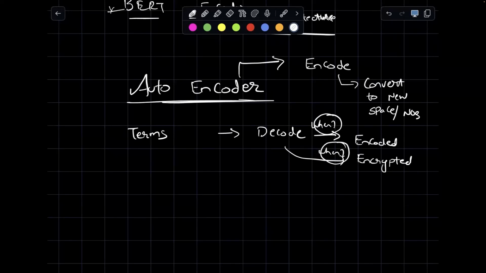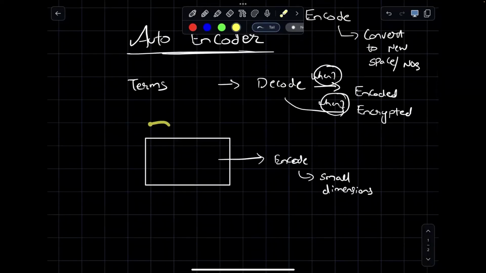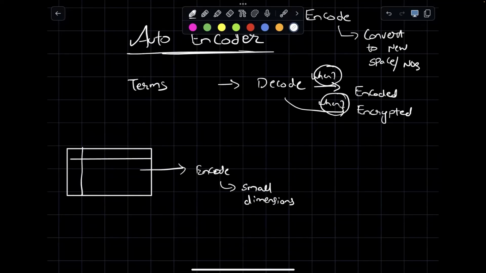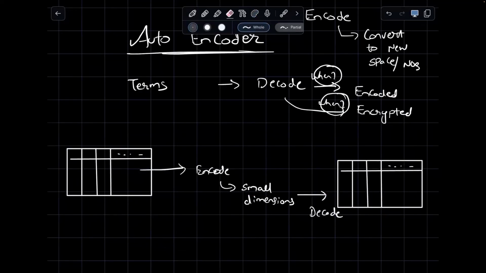That is when we have to decode anything, right? So the major idea is that we have certain data, and if we can encode it into smaller dimensions, and we also know how to decode it, we end up getting the original data back again.